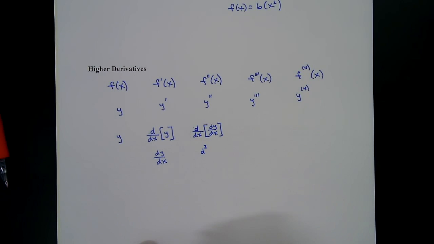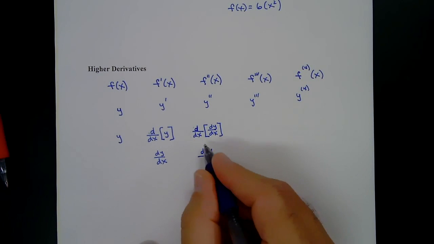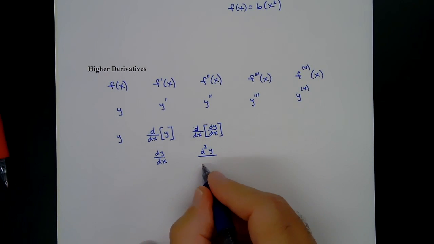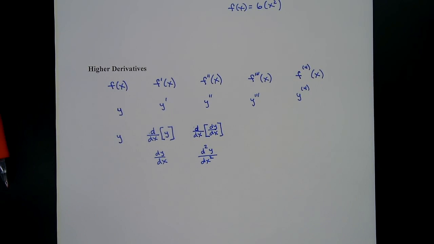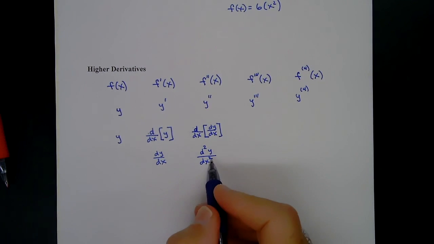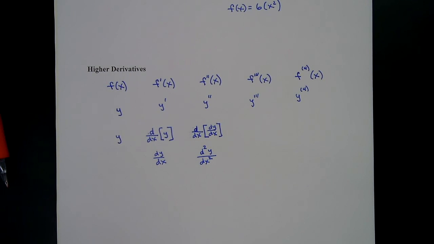d squared y over dx squared. We write the square as a little power, and the dx goes together, so that's why we write the 2. The power here too doesn't go with x, it actually goes with the dx. But d and an x like this always go together. It's one thing, and everybody knows that. So how do we find the third derivative?